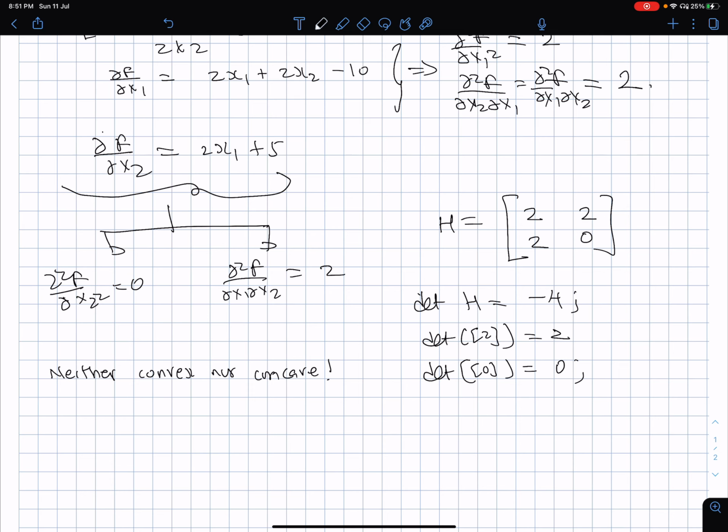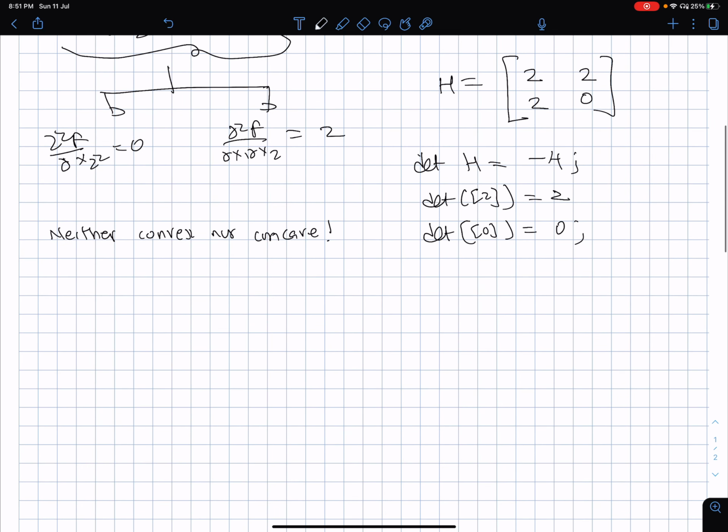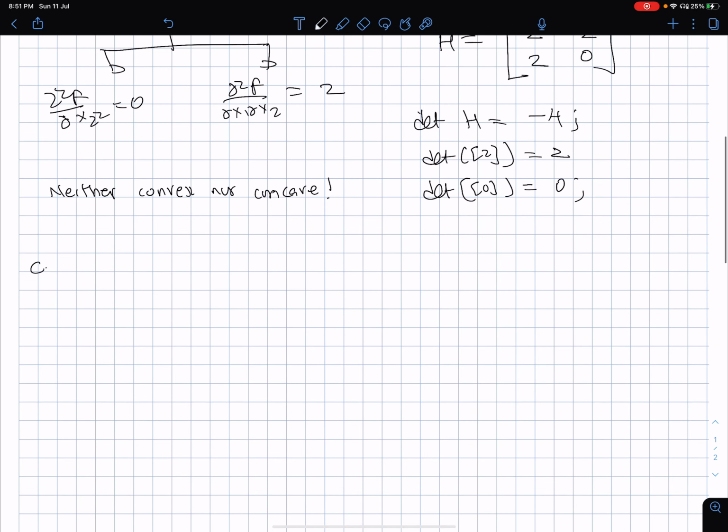Okay. Now let's take another quadratic function. This is part C, which is f of x1, x2 is equal to minus x1 square minus 5 x2 square plus 2 x1 x2 plus 10 x1 minus 10 x2.